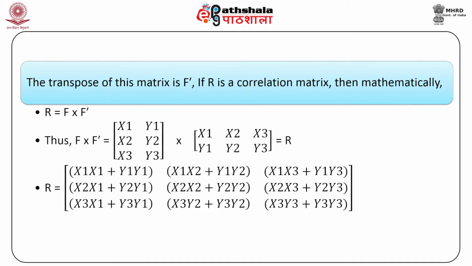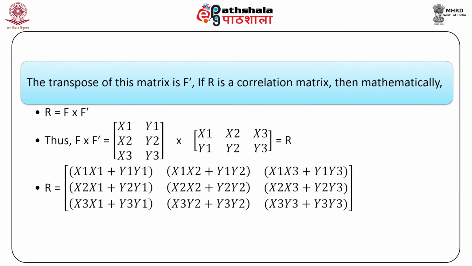R. Therefore, the correlation matrix R is equal to x1, x1 plus y1, y1, x2, x1 plus y2, y1, x3, x1 plus y3, y1, column 2, x1, x2 plus y1, y2, x2, x2 plus y2, y2, x3, y2 plus y3, y2.